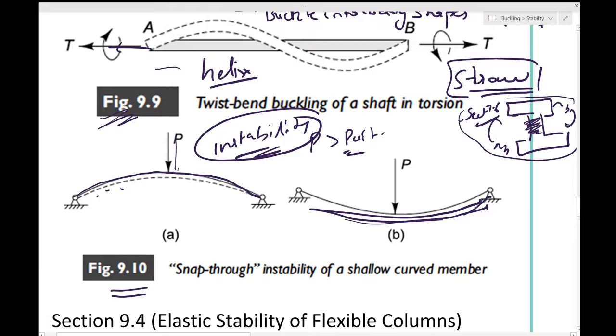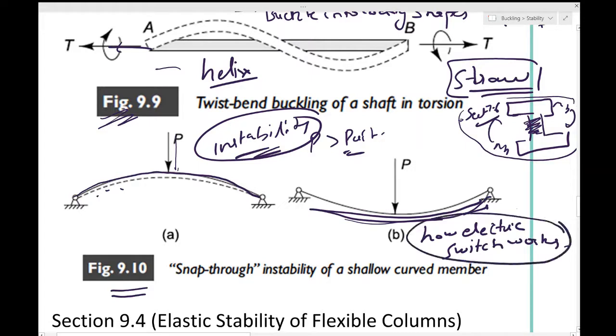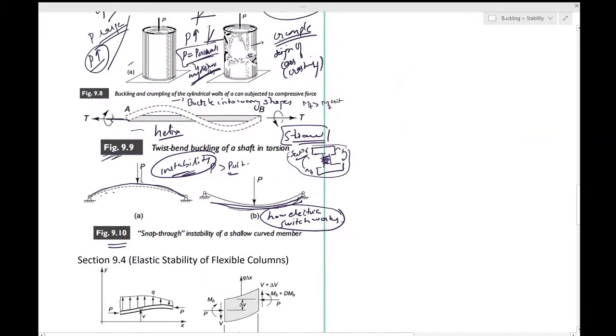Please see how an electric switch works. You should be able to see this, and perhaps you will see that an instability like this is actually desirable in certain cases. Okay, so that's where we were with the examples.